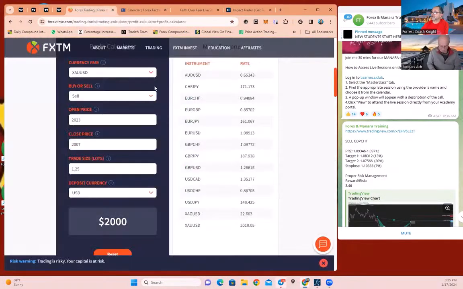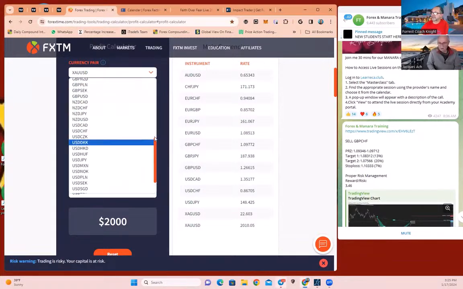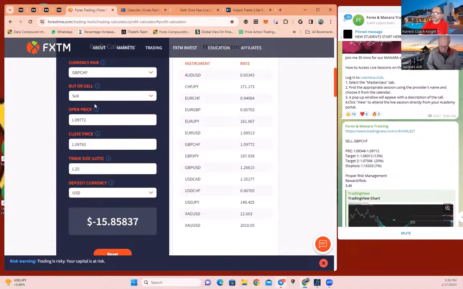So let's go over to Forex, and I am on the GChef, right? So let's scroll up here to the G's. Let's open that up. It's on a sell. So my open price is 0.9346, and we'll go all the way down to take profit number 2, which is 0.7566.